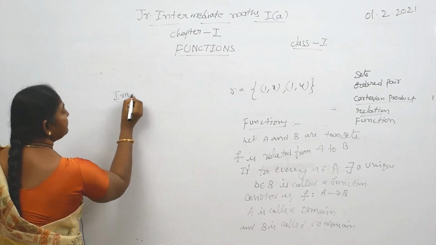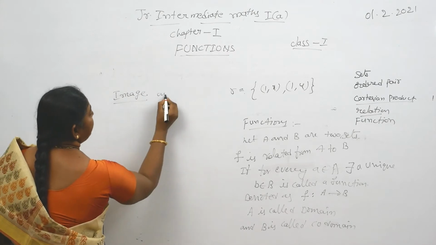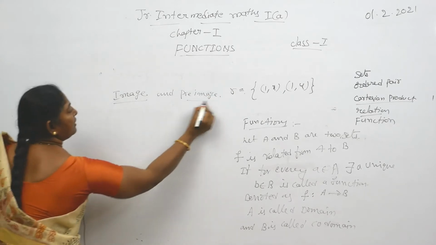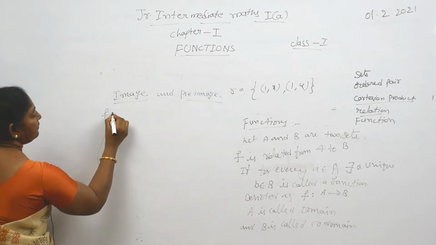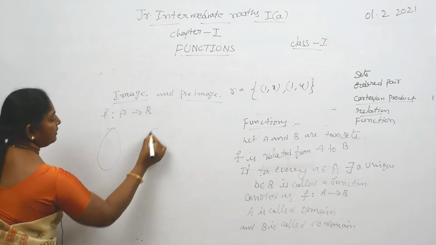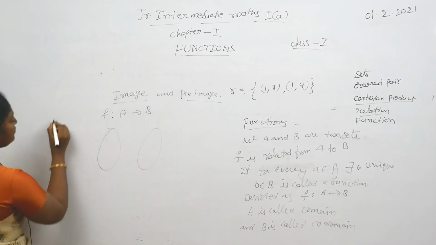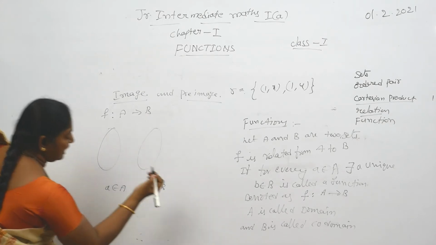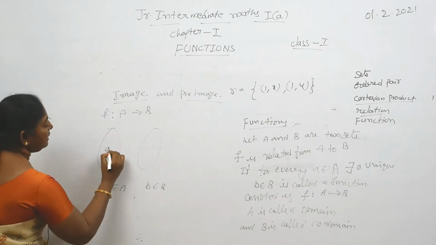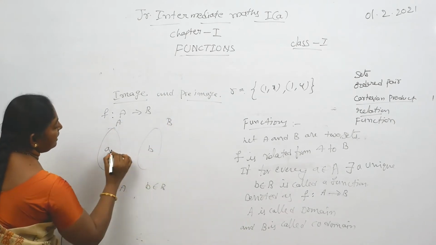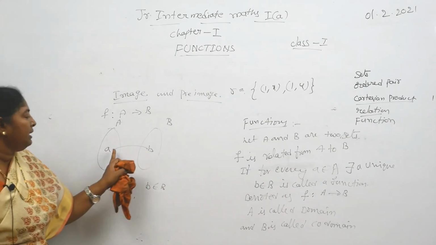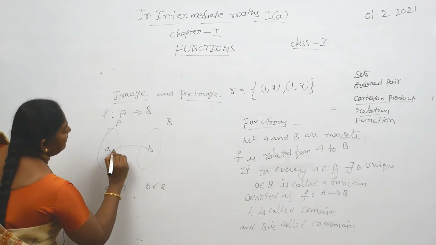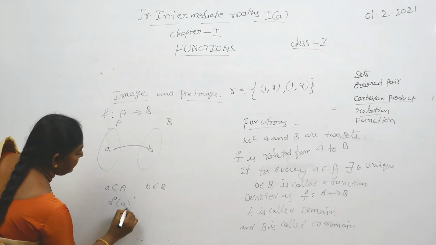Image and pre-image. Suppose f from A to B, and small a belongs to capital A and small b belongs to capital B. If a is related to b, then f of a equals b.